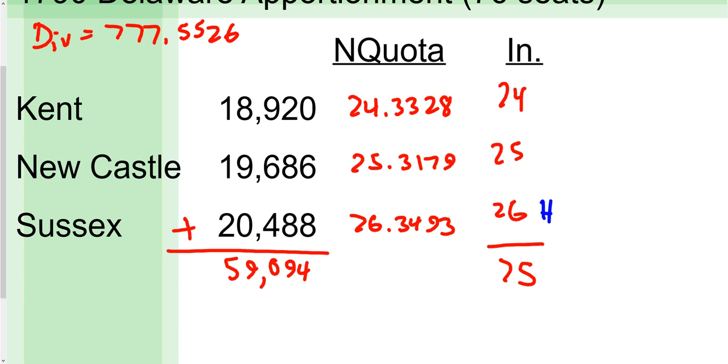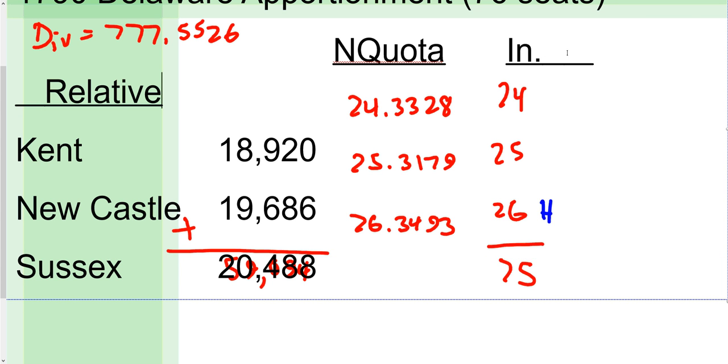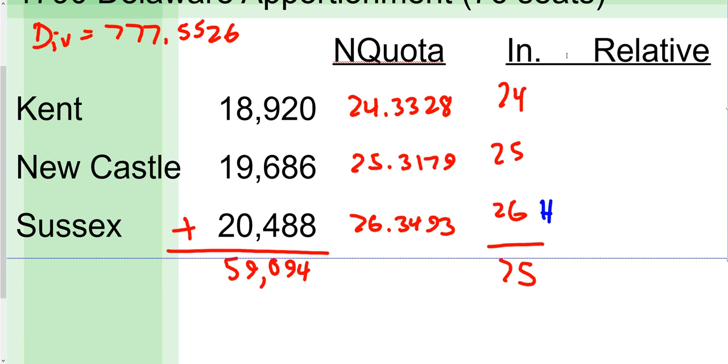And then finally, I'm going to create a new column over here, and we're going to call this relative. Perfect. So we're going to create this relative column.